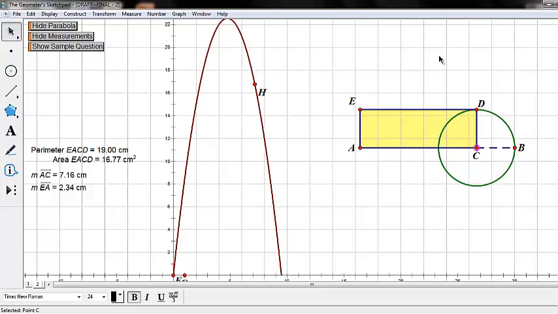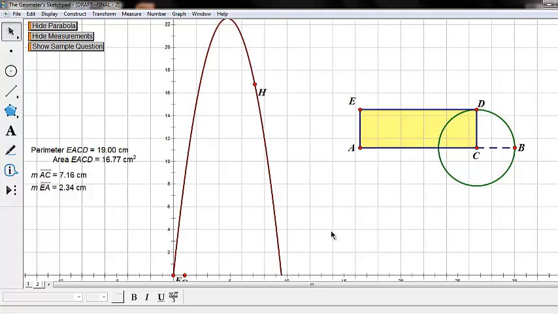So hopefully when I show this illustration in my future class, I will have already talked about how to find a maximum and a minimum by finding the first derivative and setting it to 0 to find where the tangent is 0, which means that the tangent at point H would be horizontal and parallel with the x-axis.